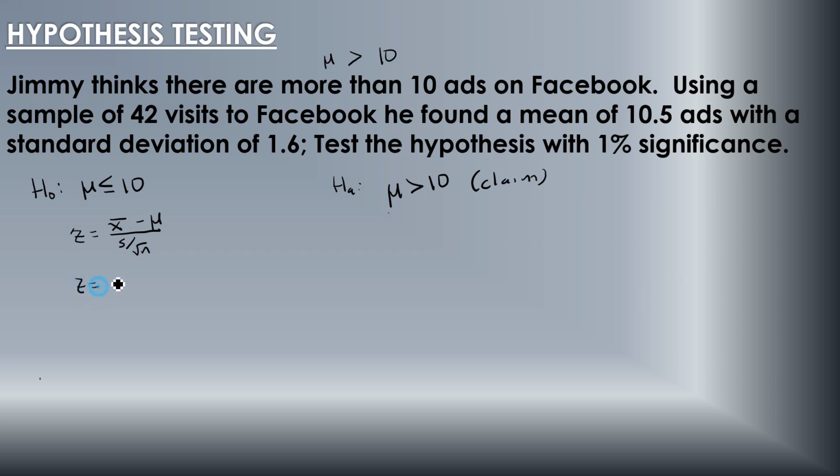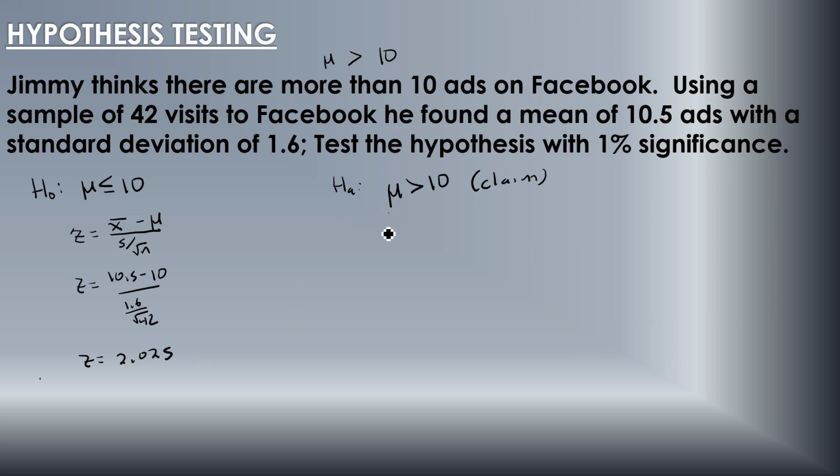So we're going to say z is going to be 10.5 minus 10 all over s, that's 1.6, divided by the square root of our sample size, which was 42. And when that's all typed into the calculator, I get a z-score for our hypothesis of 2.025.